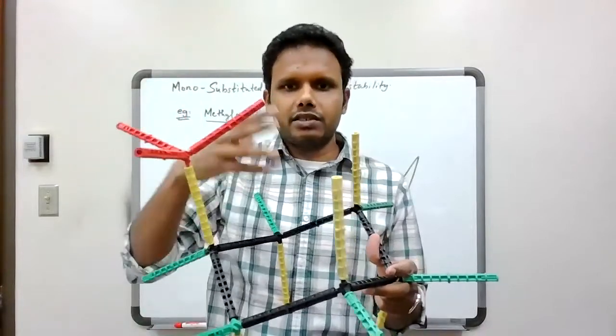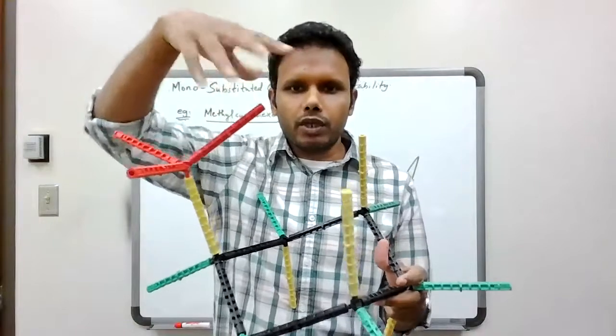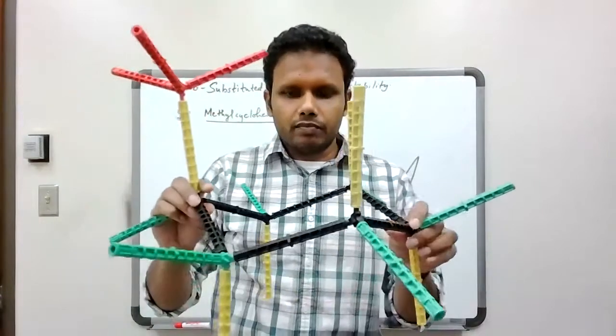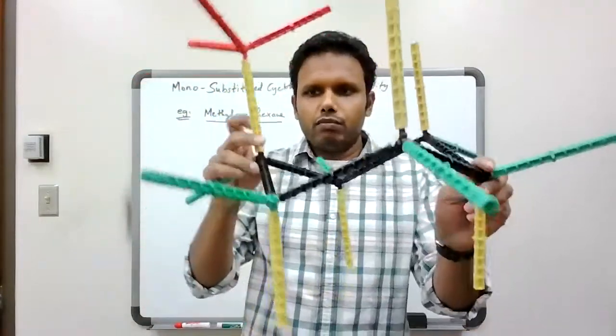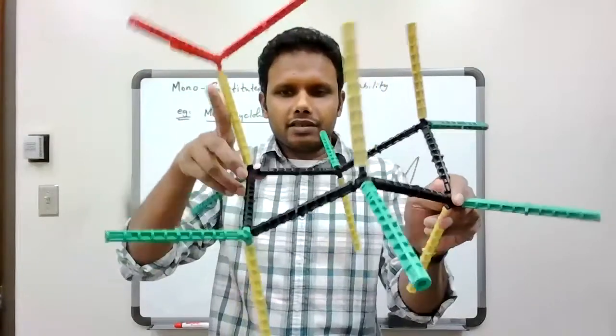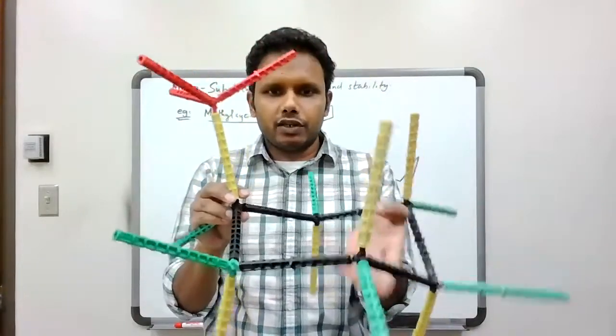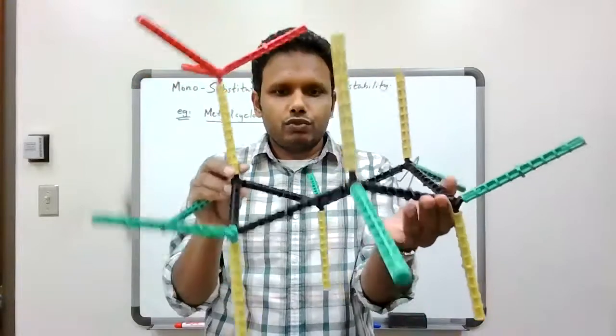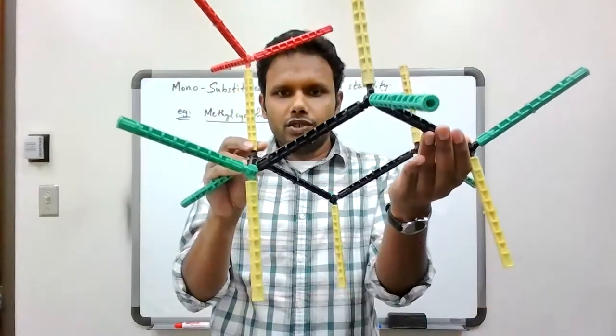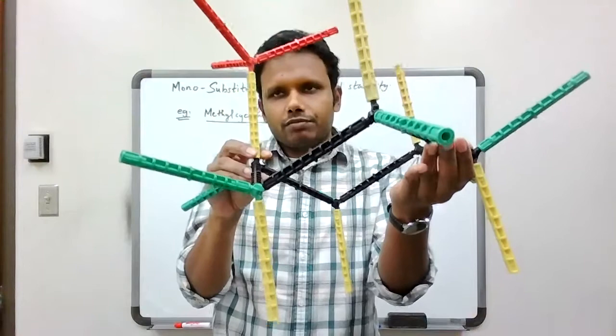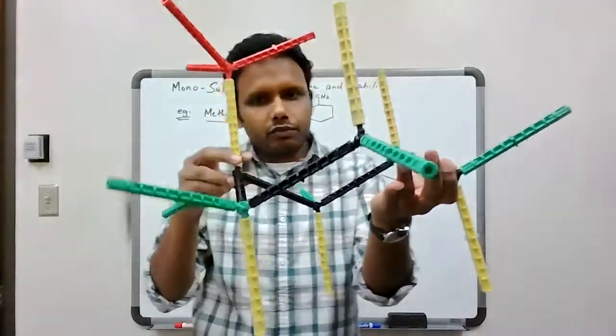That's a steric interaction, like crowding in space to some extent. So when the methyl group is in an axial position, we can identify two interactions which would make this conformation less stable.